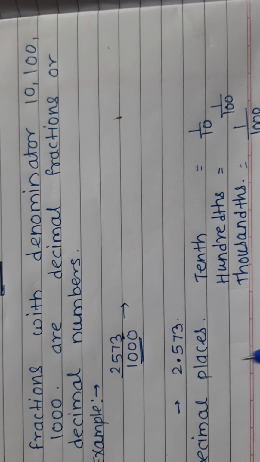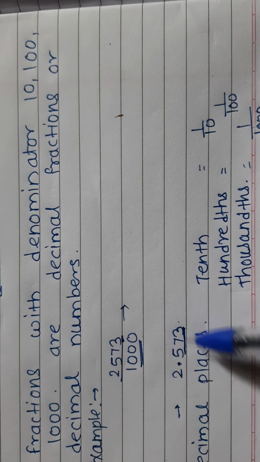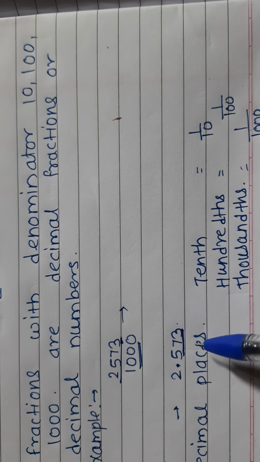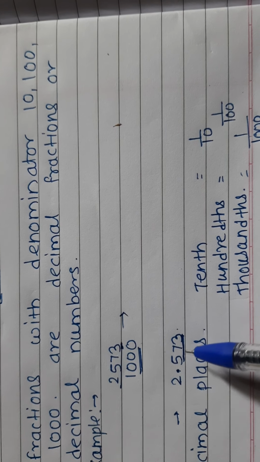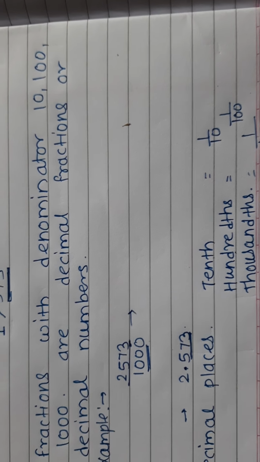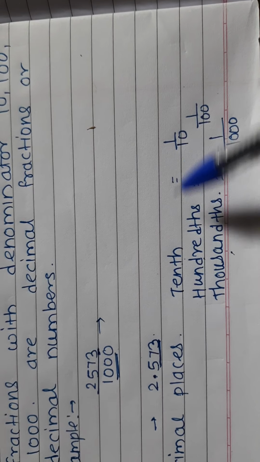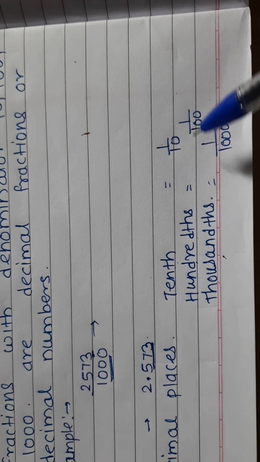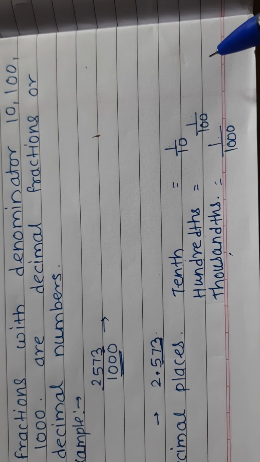These are not normal places; they are decimal places. The first decimal place is tenths, then hundredths, then thousandths. Tenths means 1 upon 10, hundredths means 1 upon 100 and thousandths means 1 upon 1000.